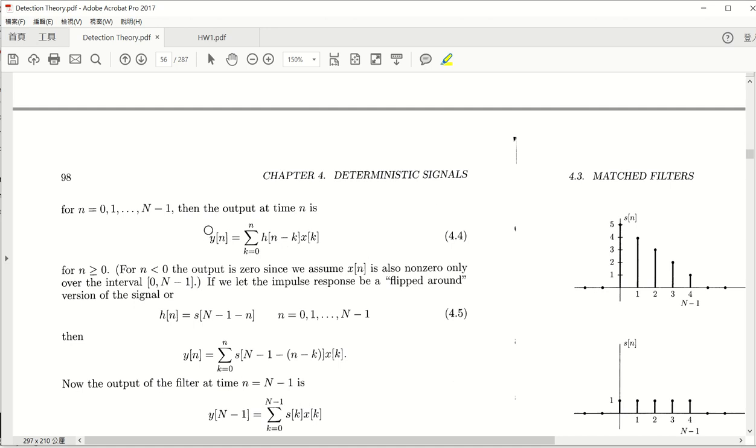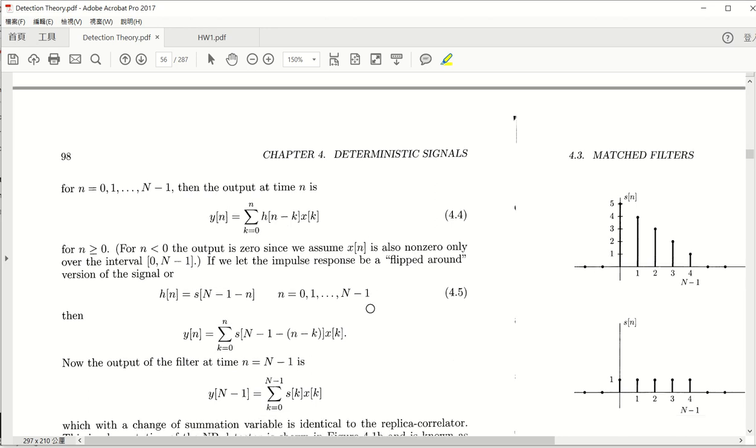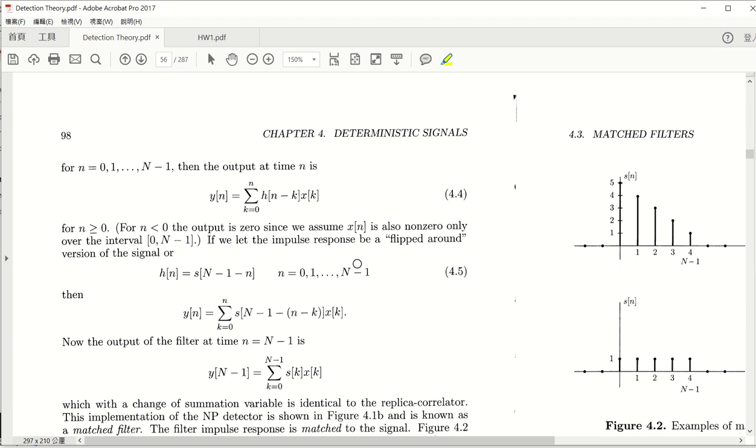Okay, so once we have this output for convolution, if we let the impulse response be a flip around version of the signal, which is just what I say, it's a time reverse version or flip around, whatever way you like to say it, you get this h equal to this. This is artificial, all right? Here I have to emphasize this is artificial because we can design it. So it's under our control. We just set it this way.